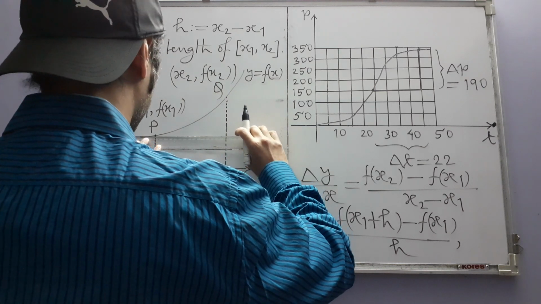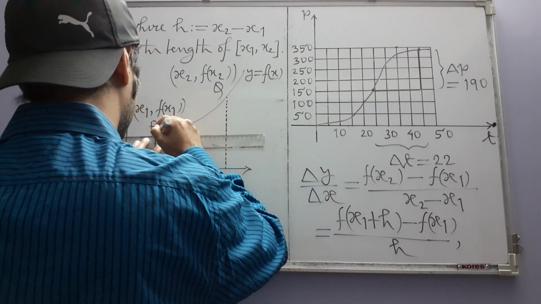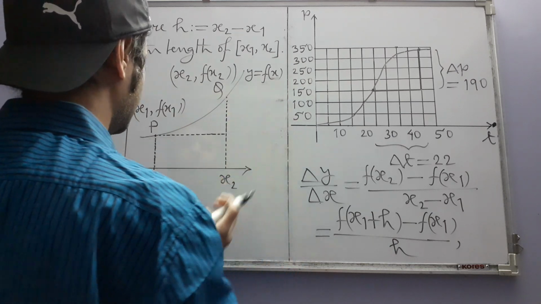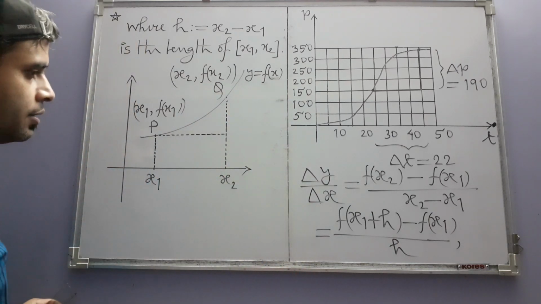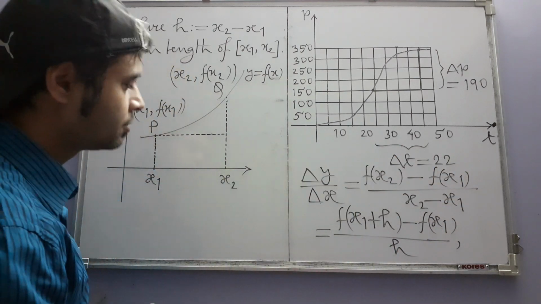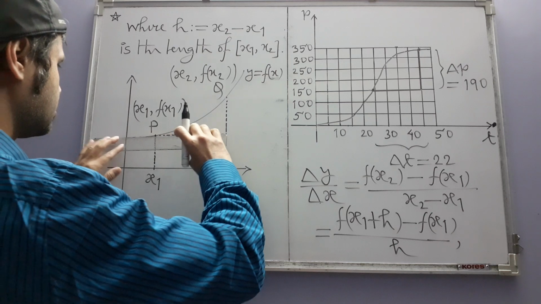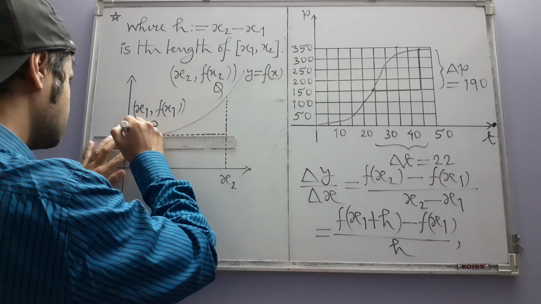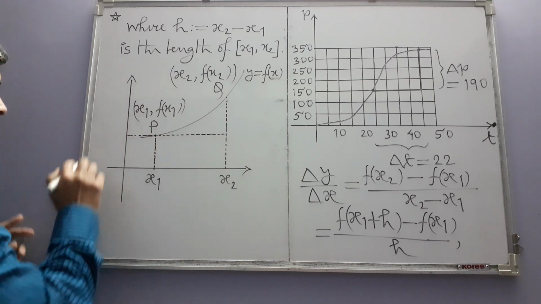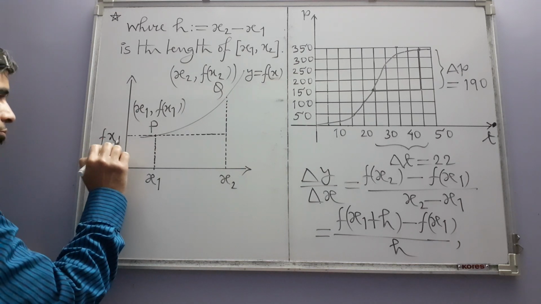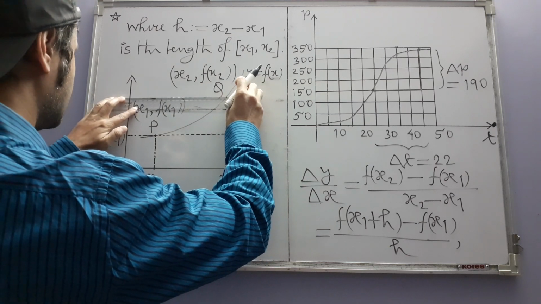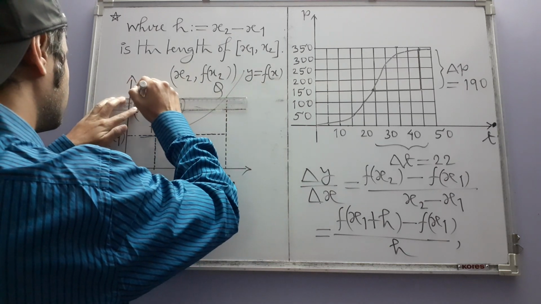So, you can now see that the average rate that we have calculated here is the difference between the y coordinates, that is, this is f of x1 on the y axis, and on the y axis this is f of x2.